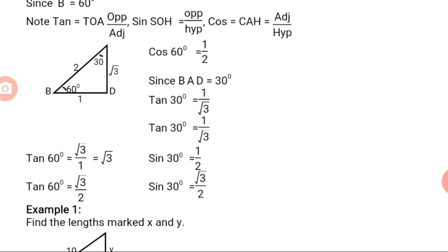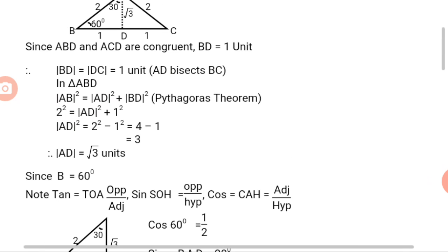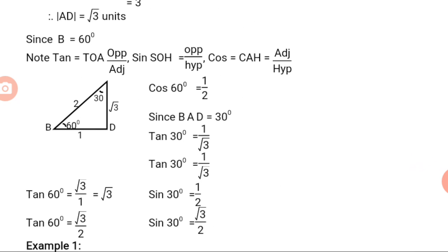The side opposite to angle 30 degrees is BD, which is equal to 1, and the adjacent is root 3, that is AD. Therefore, tan 30 degrees is 1 all over root 3.